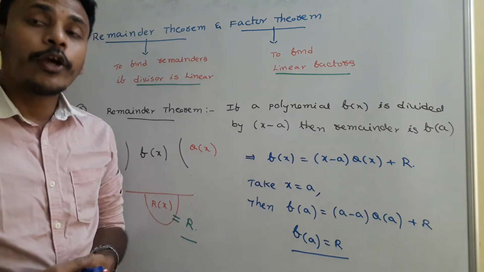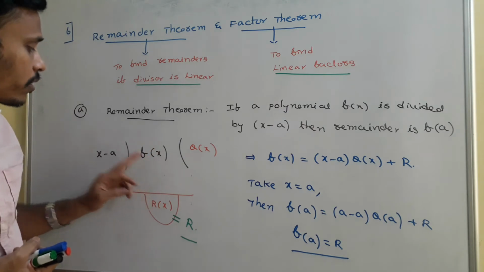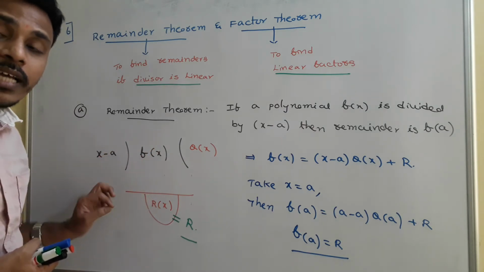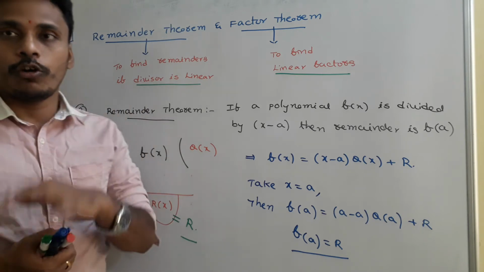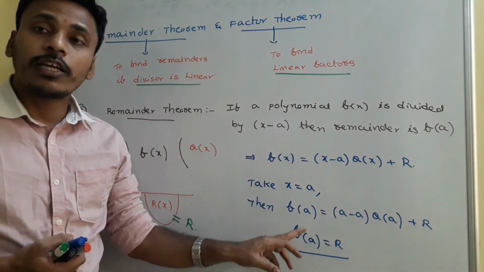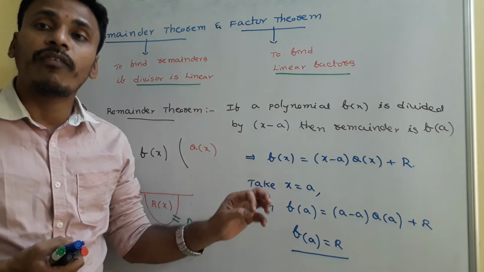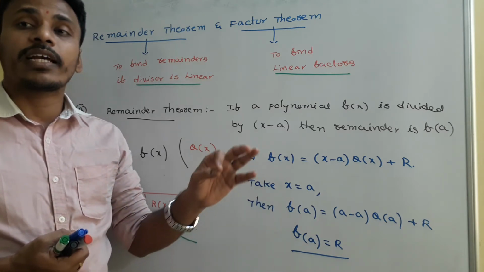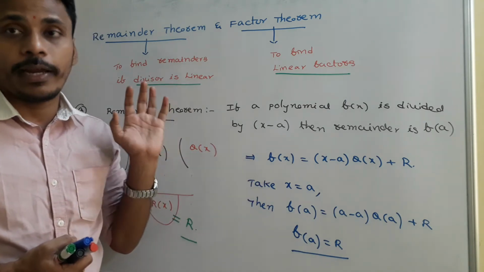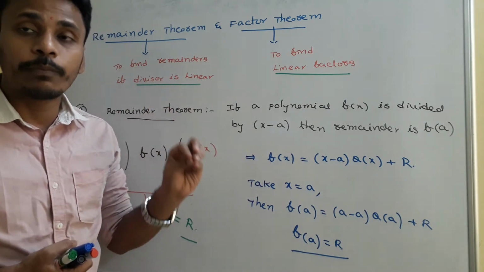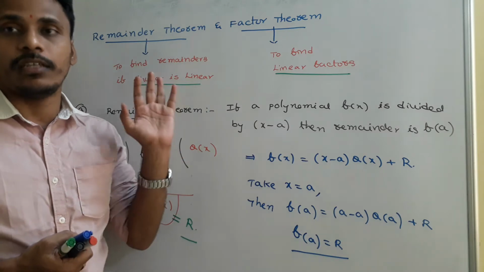In the sense that you get the remainder when f of x is divided by x minus a just by replacing x with a in the polynomial. f of a is the polynomial value when you replace x with a, and that polynomial value directly represents the remainder. So the remainder theorem helps us find the remainder easily.